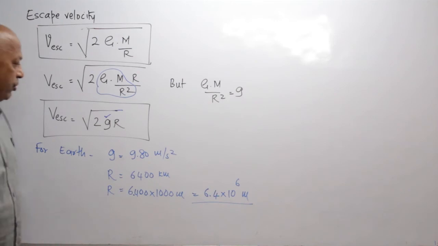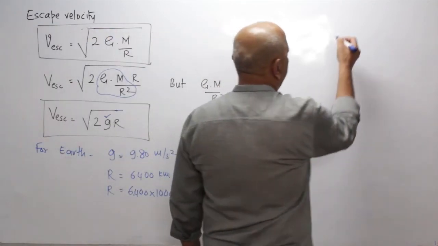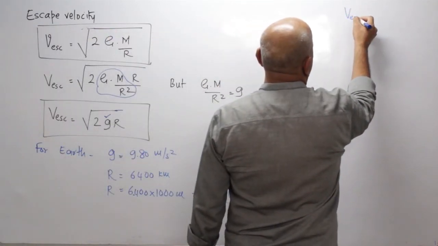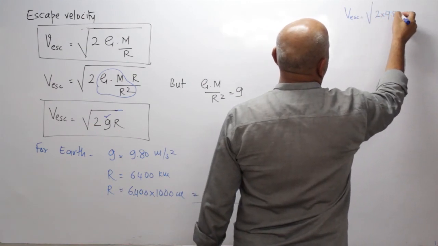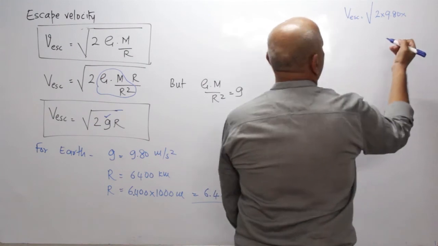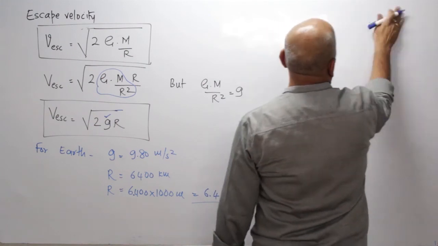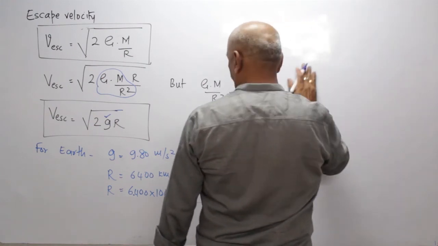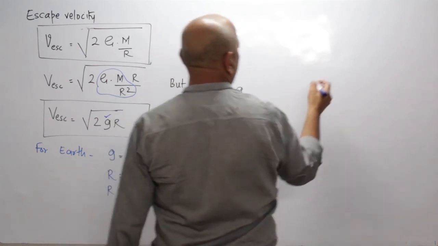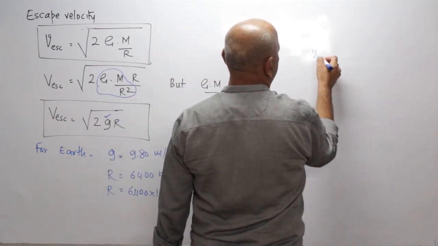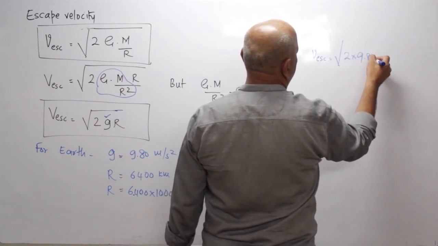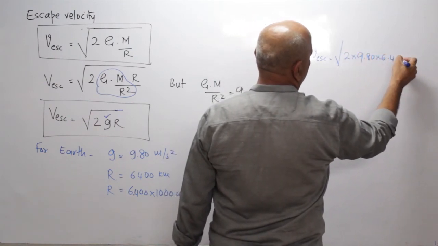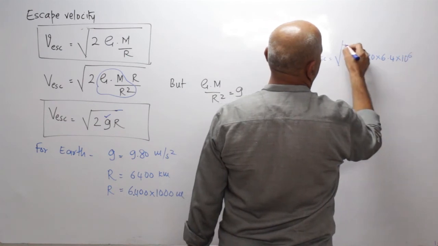This is in kilometers, so we can put this value here. So v escape is equal to under root 2 into 9.8 into 6.4 into 10 raised to 6.